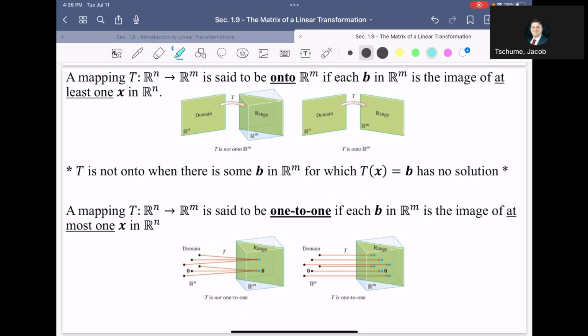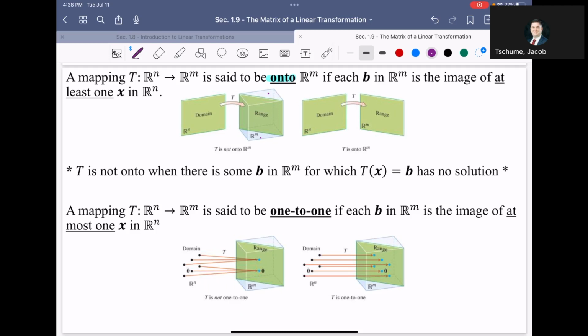If you have a mapping that goes from R^n to R^m, it is said to be onto R^m if each b in the final dimension is the image of at least one x in R^n. All right. So using your visual here, what that means is that in this first picture, there are elements in the codomain that do not come from the domain.